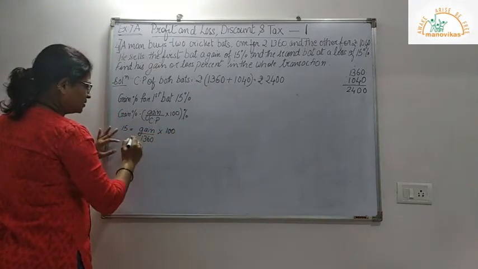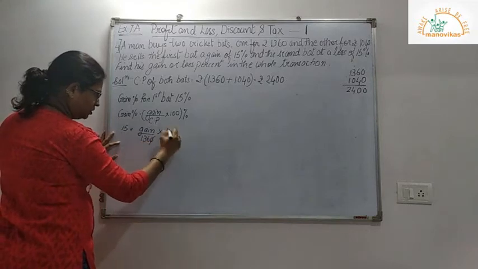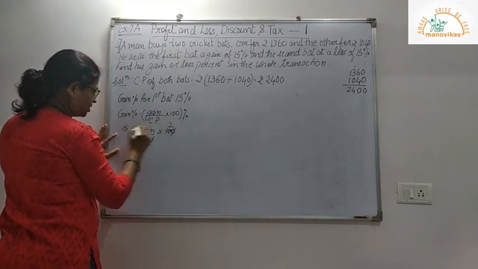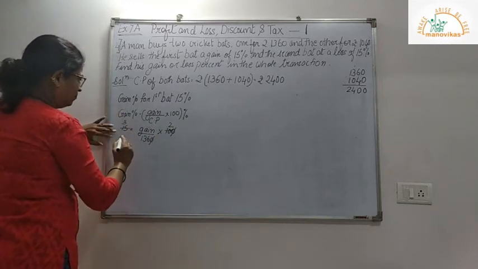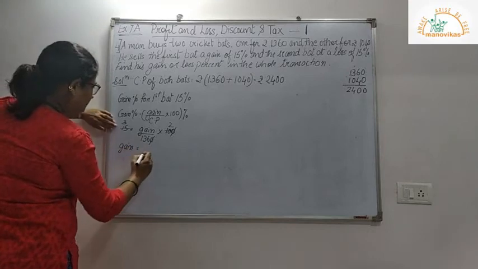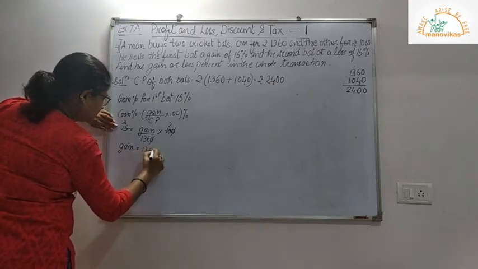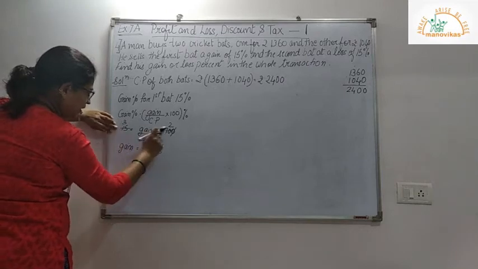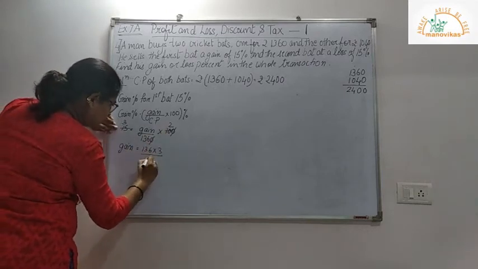1360. So let us cancel out 0, 0. Now on either side we can cancel out 5 twos are 10, 5 threes are 15. So I get my gain, that is gain is equal to 136 into 3. When you take it here, it gets multiplied with 3 and divided by 2.